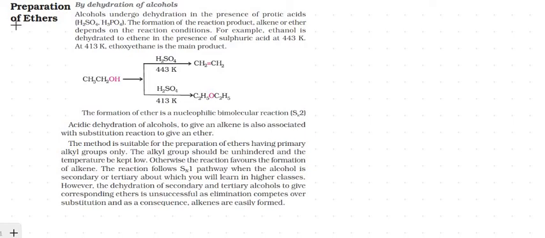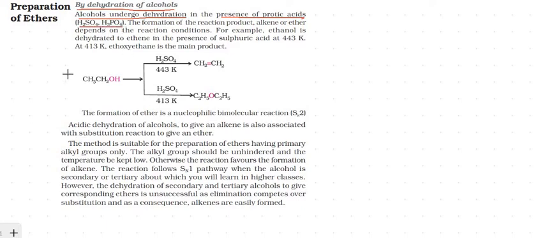How are the ethers prepared? The first method is by the dehydration of alcohol. Please note, alcohol undergoes dehydration, that is, removal of a water molecule, in the presence of protic acids such as H2SO4, H3PO4.